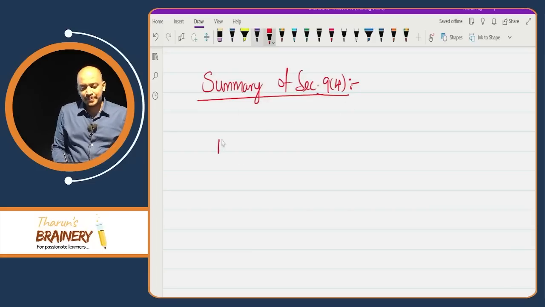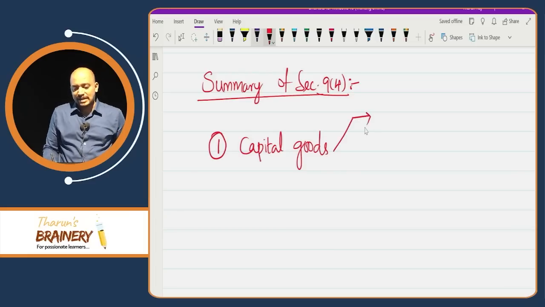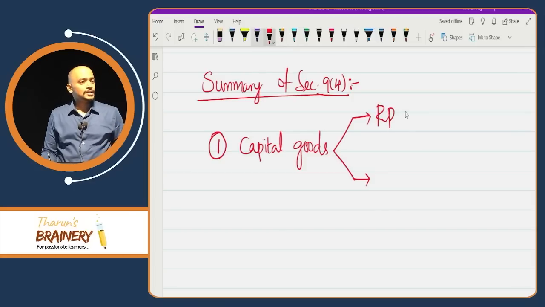First step, you need to check capital goods. You need to see whether capital goods are purchased from a registered person or an unregistered person. Suppose capital goods are purchased from a registered person, do you need to pay any GST under RCM?